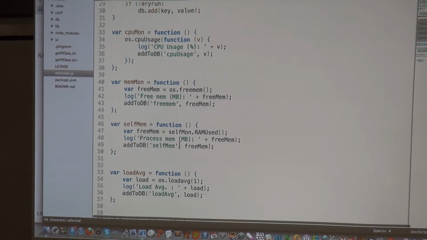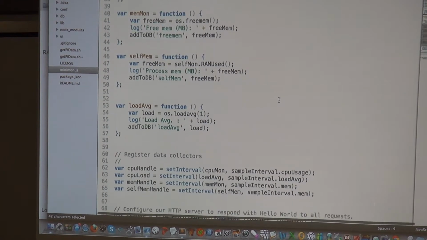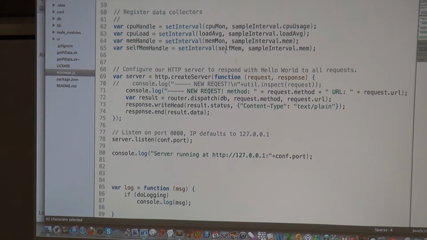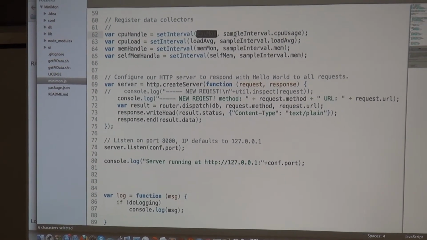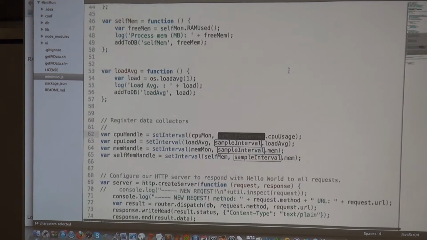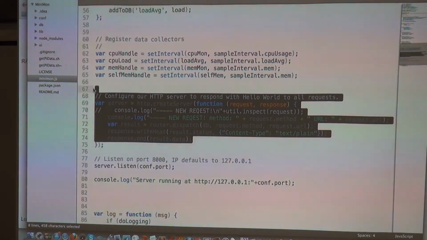So some functions to collect some memory, and then I do set interval, my function, and the configured interval. So that's basically it, and then make a small HTTP server to serve the data.